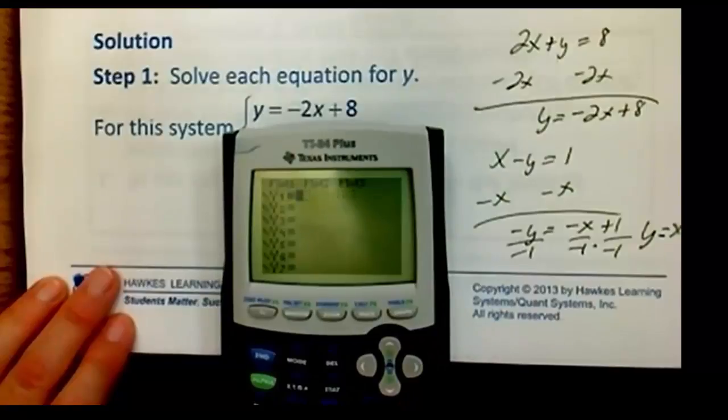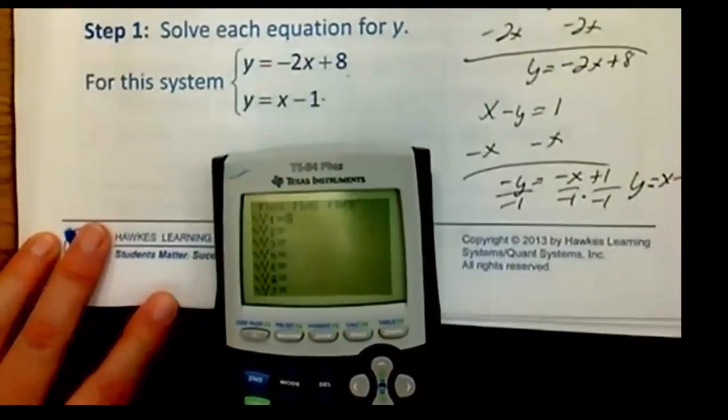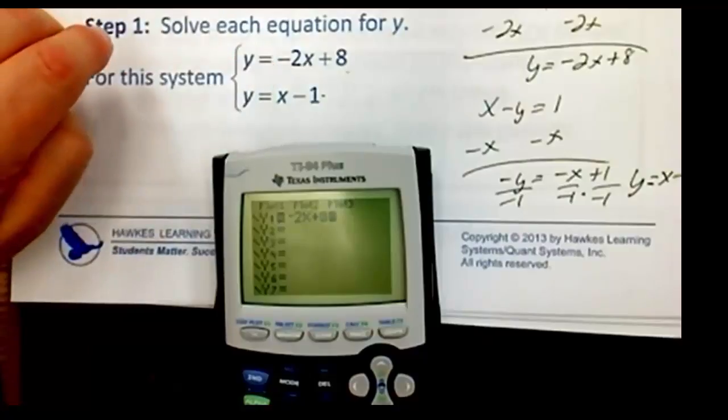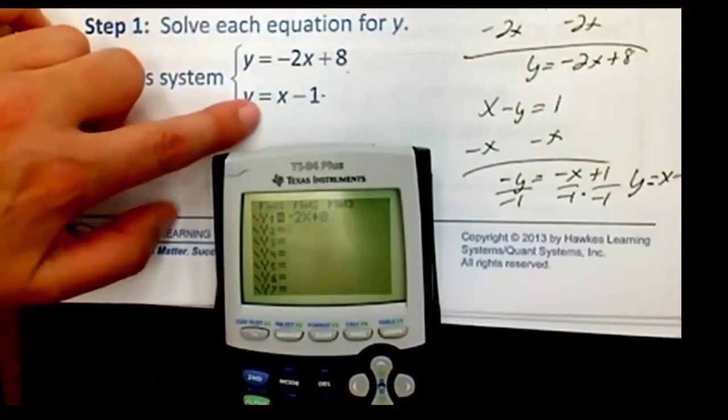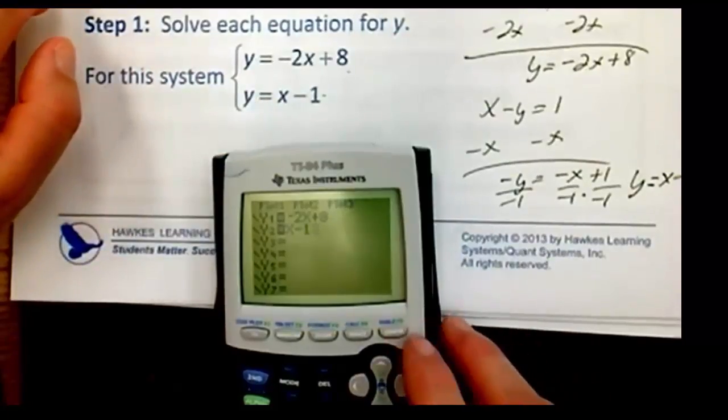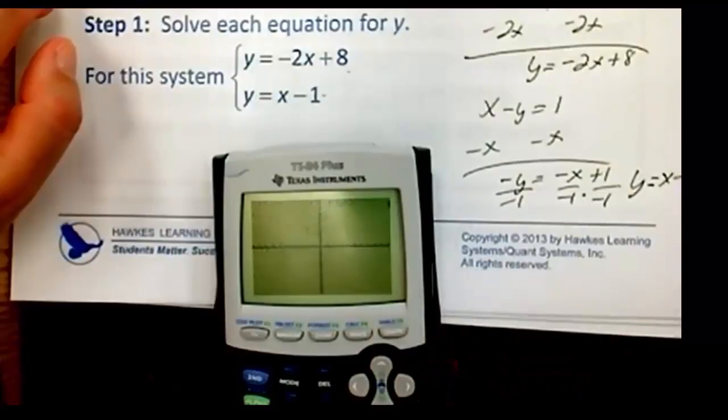If I clear it, then I can put in my 2 pieces. So I'm going to put in a negative 2, x is next to alpha, plus 8. And then if I go down, I'm going to put x minus 1. And now if I hit graph, it will show me both graphs coming in.